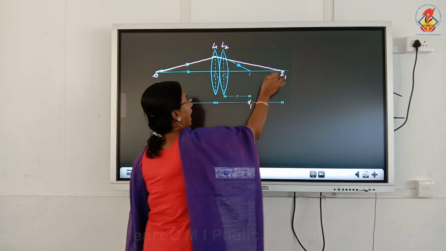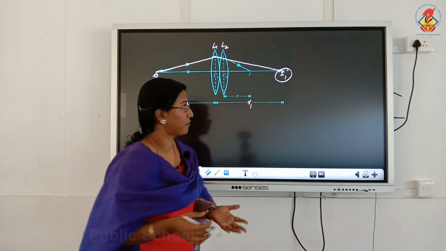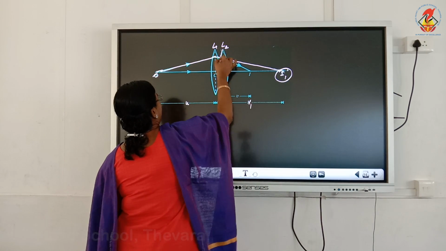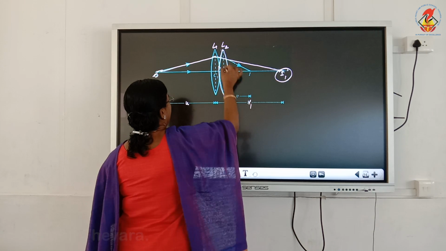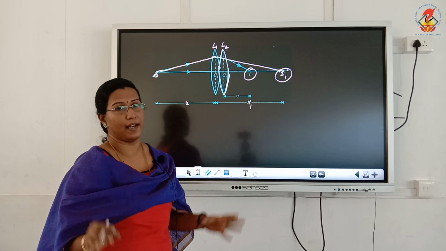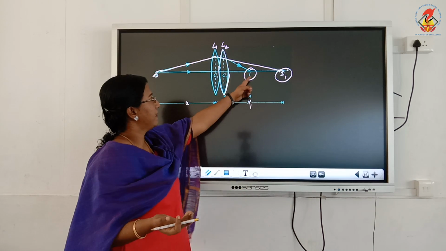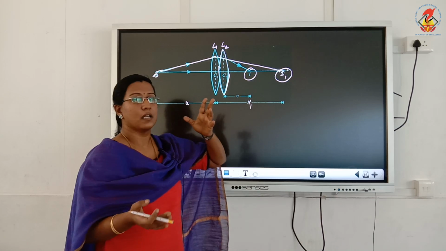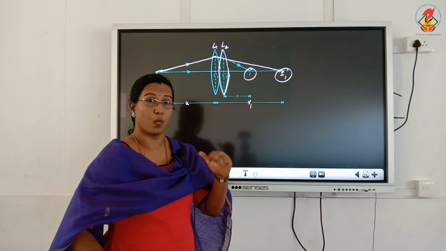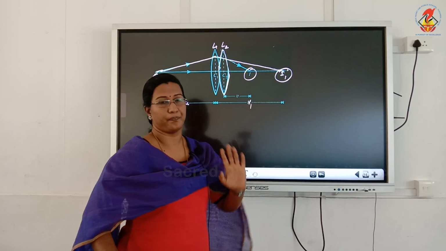So the image I1 acts as a virtual object for the second lens L2, and we obtain a final image at I. Now we won't be able to see I1, as I told you before. We will be able to see only the final real image, that is I. So the object is kept at O, the final image is formed at I, but there is a virtual object I1 somewhere beyond I.